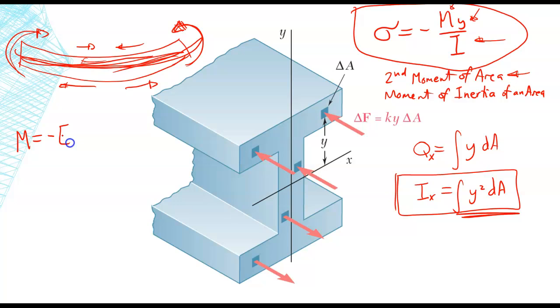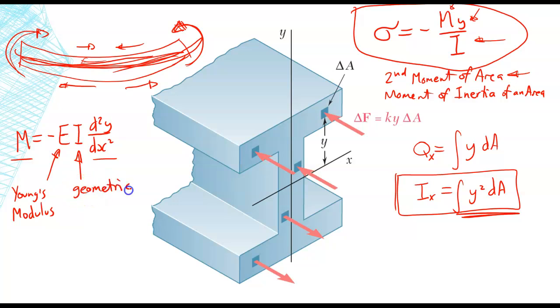So the formula that we have here has the second derivative of y with respect to x, which gives us the curvature of the beam, and then the proportionality between the curvature and the bending moment is based on E, which is called Young's modulus, which you may be familiar with, which is basically a material property, and then I, which we know is our second moment of area, which is basically a geometric property. It doesn't depend on the material, it depends upon the shape of the beam.